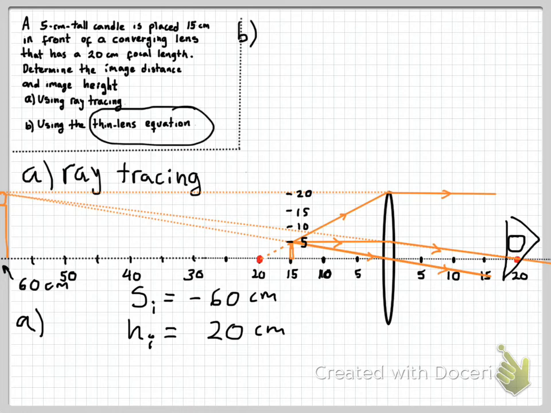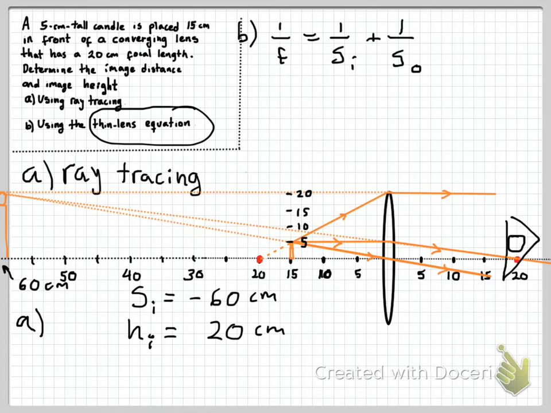Let's go with the second method, which is the thin lens equation. The thin lens equation tells us that we can calculate the location of an image, for example, using the equation 1 over f equals 1 over the distance to the image plus 1 over the distance to the object. In this case, the object is the candle, the image is the image of the candle, which we're trying to figure out where it is using this equation.